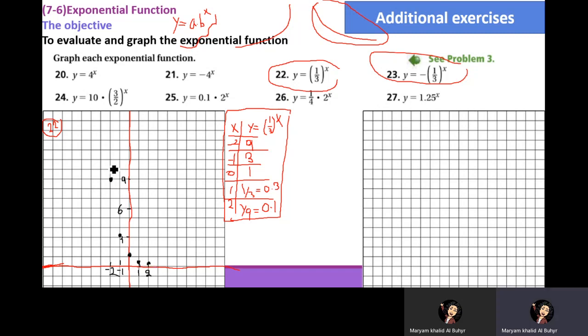Then finally, you need to connect your points. So the graph must be like this. That's how the graph will look.